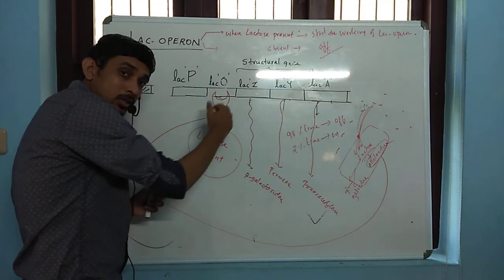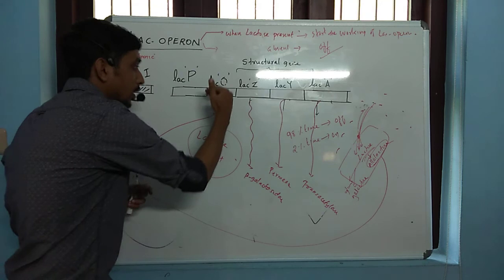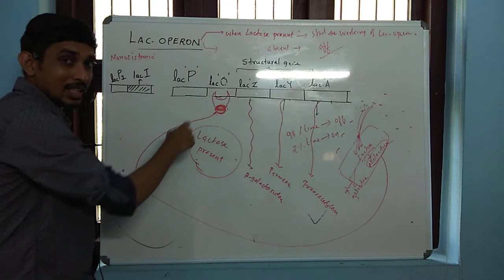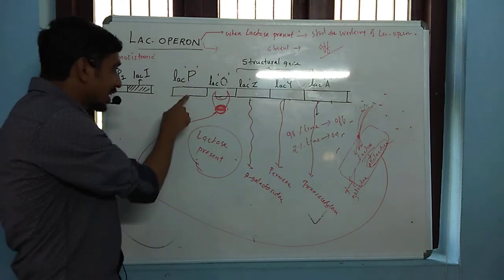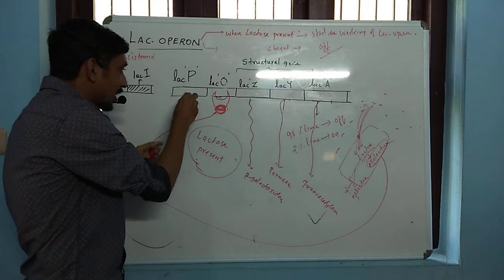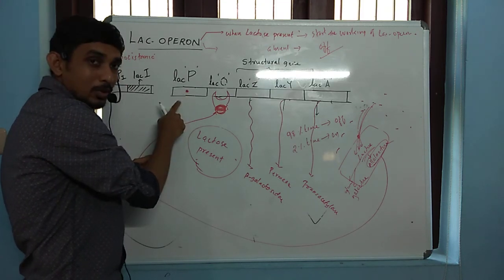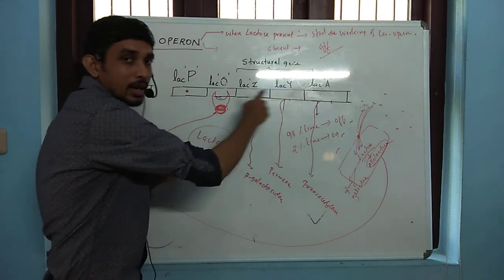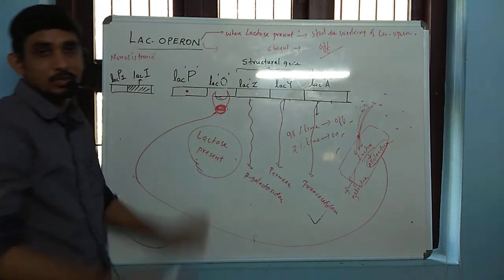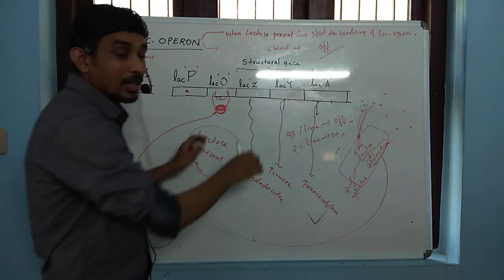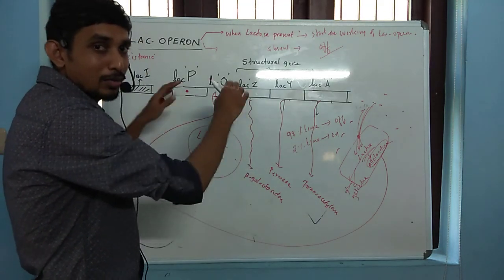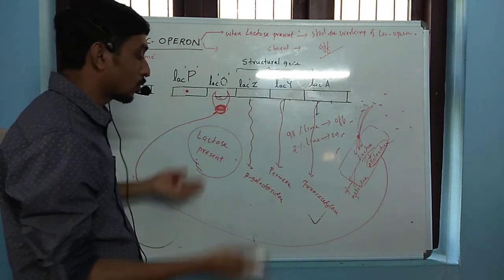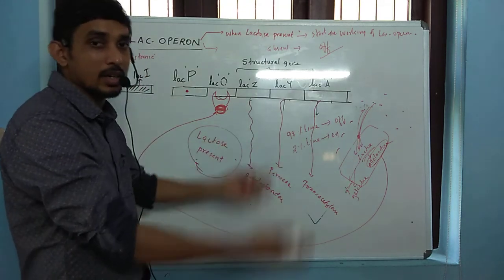That modification leads to the detachment of the repressor protein from the operator. When the repressor detaches from the operator, the RNA polymerase present on the promoter can easily move into the structural genes and transcribe all the proteins and enzymes. That condition is called the working of the operon. Now the operon is working and produces more and more beta-galactosidase, permease and transacetylase.